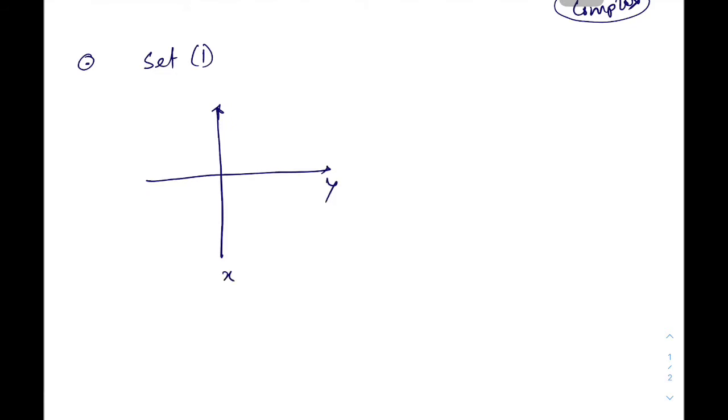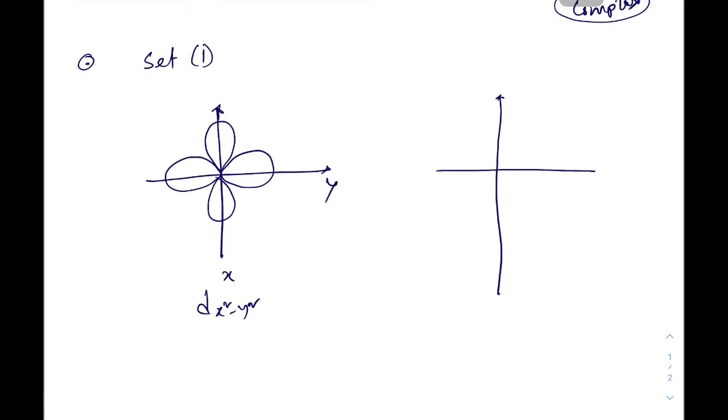If the orbital lies along the axis like this, it belongs to set 1, and this orbital is called dx square minus y square. Another orbital also directed along the axis like this is dz square. It is directed along the z axis.